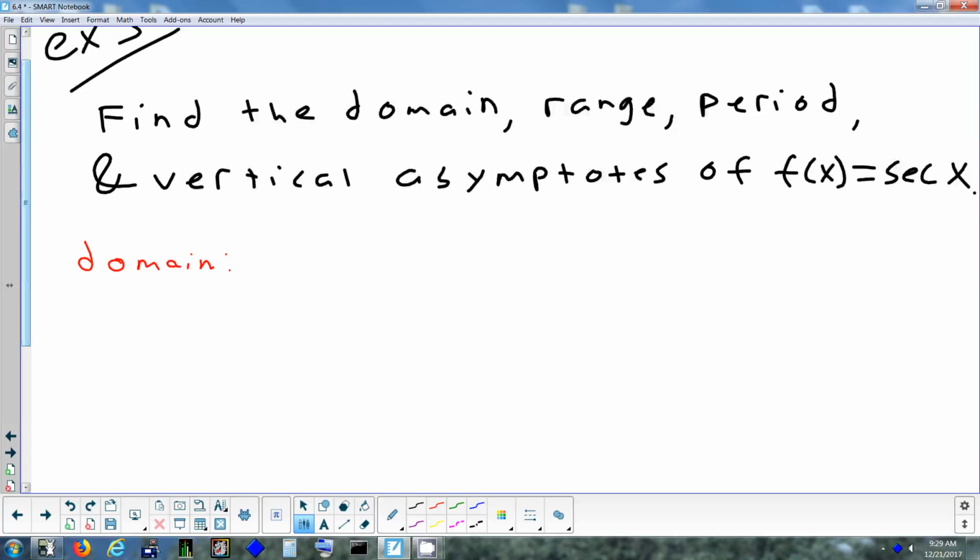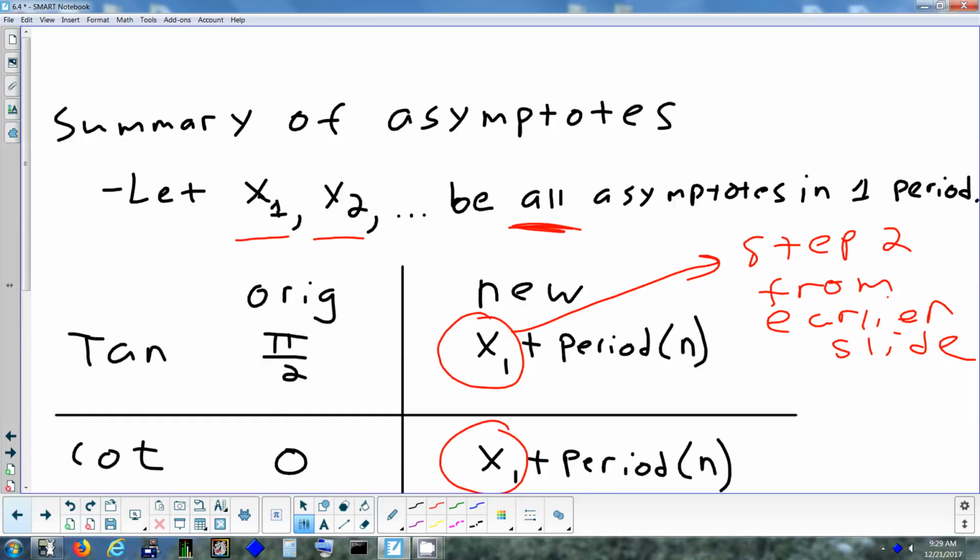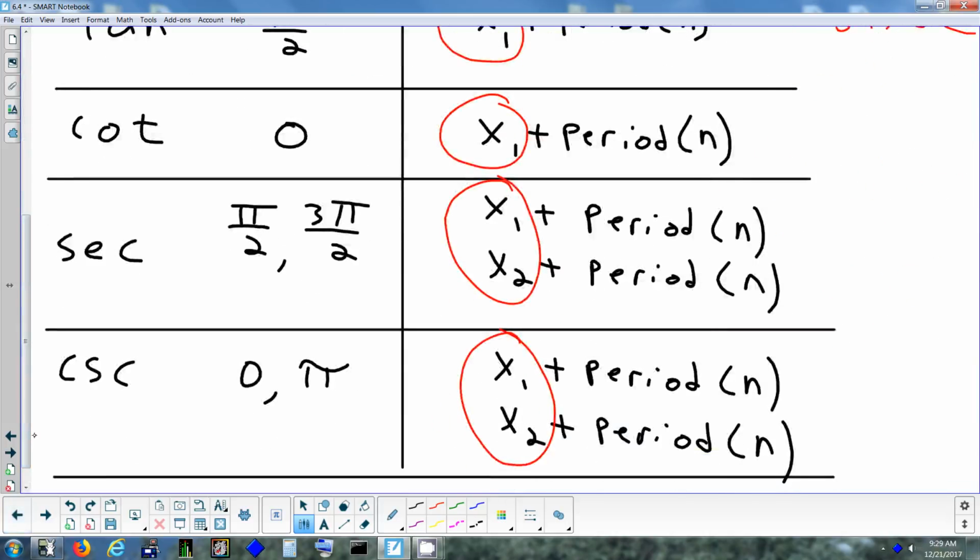And you know what? I'm not going to find them in that order. Let's find the vertical asymptotes first. So let's go back to the chart. Secant. Those are my vertical asymptotes.